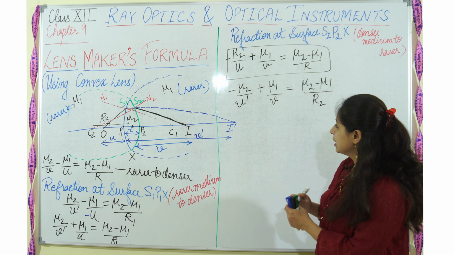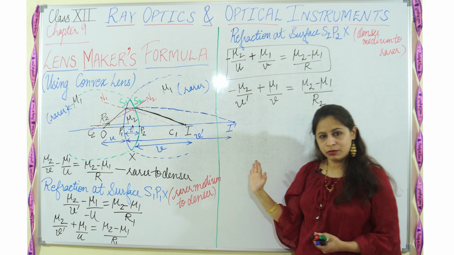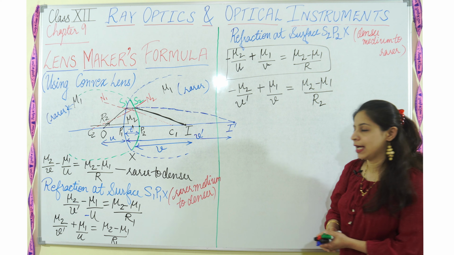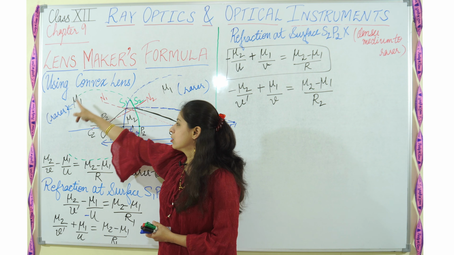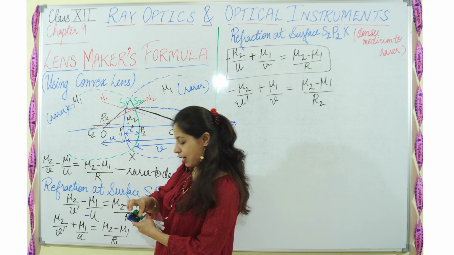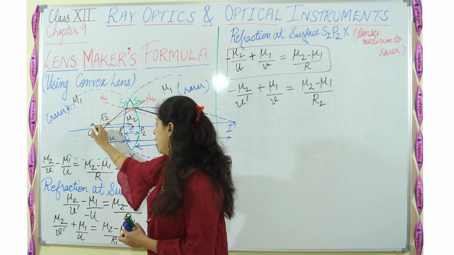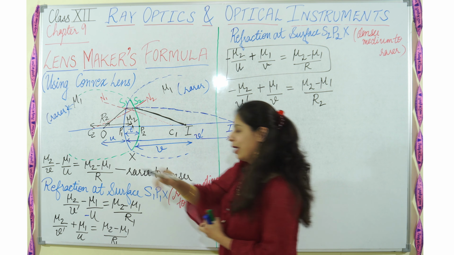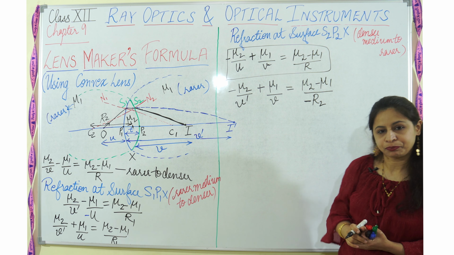Now let us see the sign conventions. V dash and v are on the right hand side, so they will be positive as it is. R2 will be negative because my radius of curvature is now on the left hand side. So I have to place a negative sign over here.